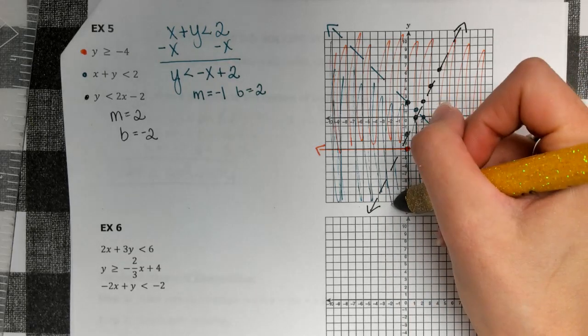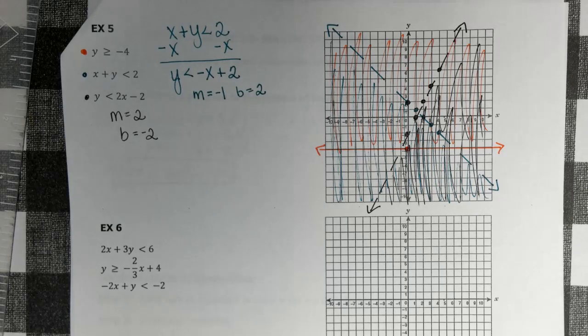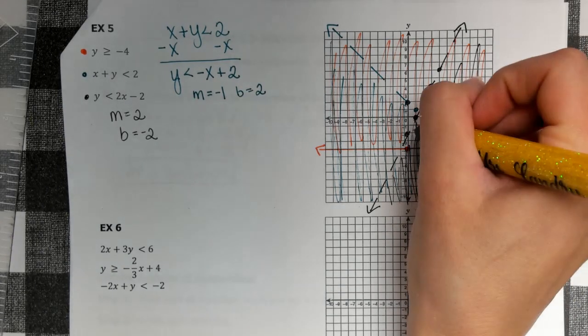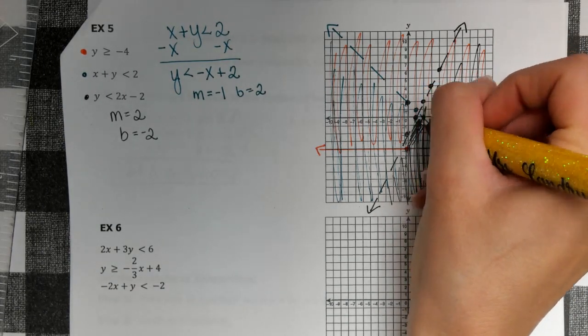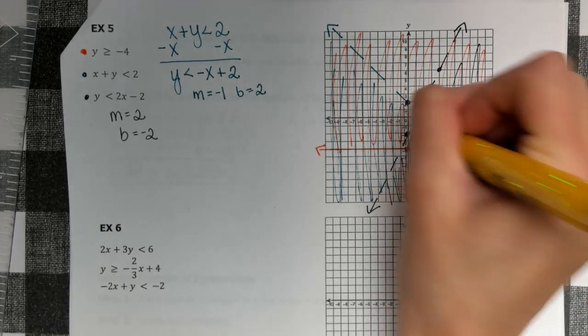Below. So your overlapped region is this little triangle in the middle.